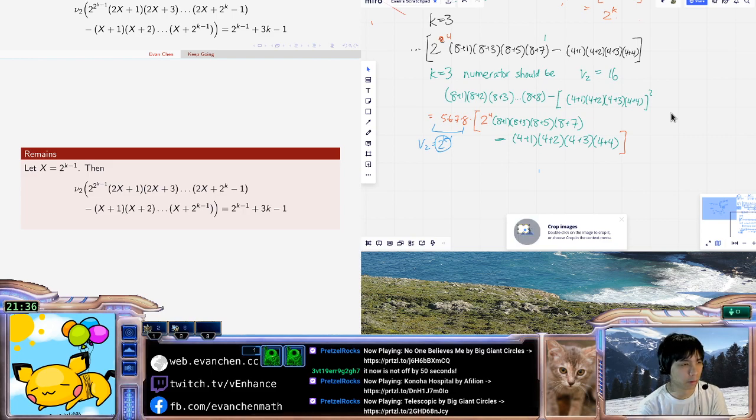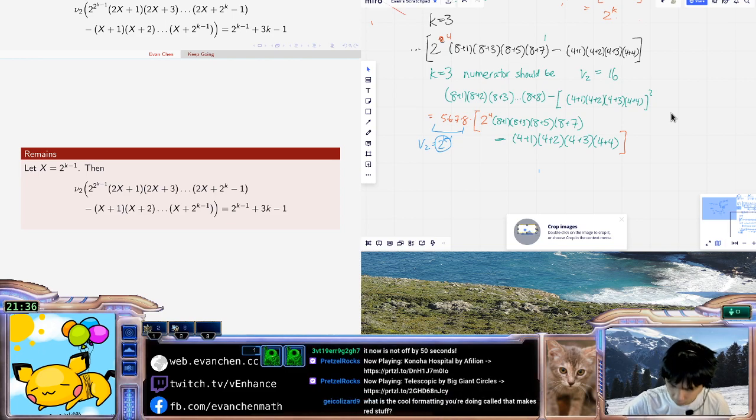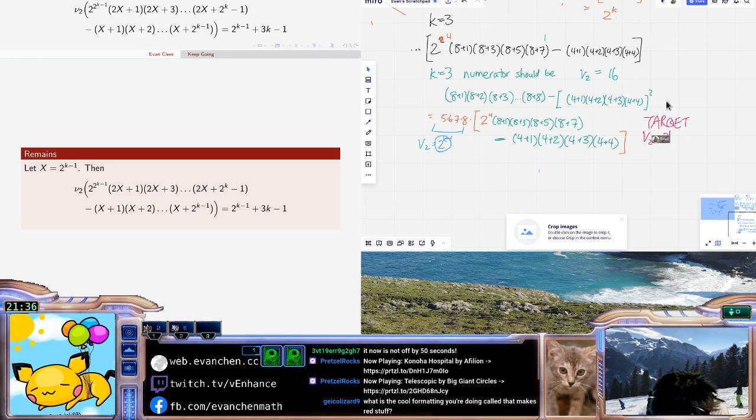Yeah, it's actually easier to look at the concrete example than the one with all the x's. Let me write down the target on the board here too. Plus 3k minus 1. Yeah, so in the red braces, I want that v2 to be exactly that number.